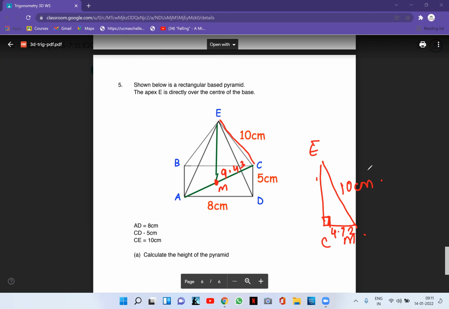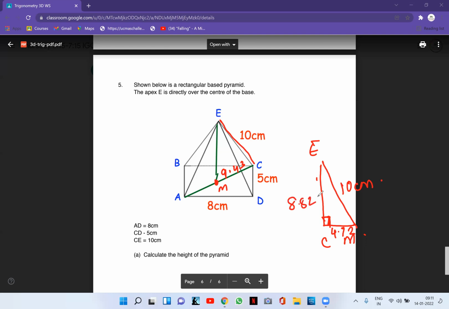Just be very attentive, kiddos. We can straight away apply Pythagoras theorem over here. So 10 square minus 4.72 square is 77, and root of that is 8.82. So I've got my height as 8.82.